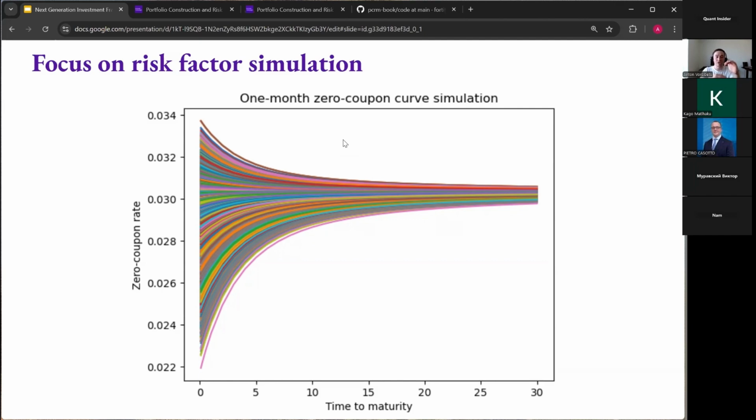So here, actually, you see 10,000 different interest rate curves that you can then use for pricing however you want. And if you have some bond portfolio where you want to maintain, let's say, a duration of 7 years, then you can easily do that through the rebalancing when you simulate longer time into the future.